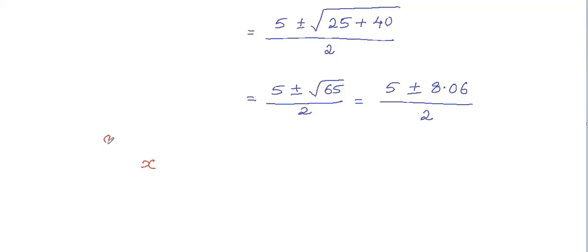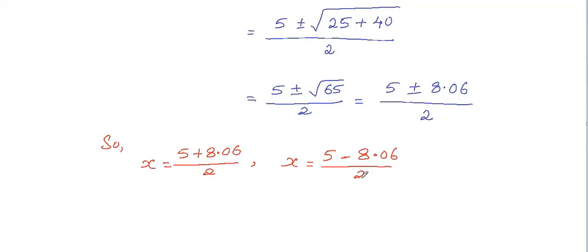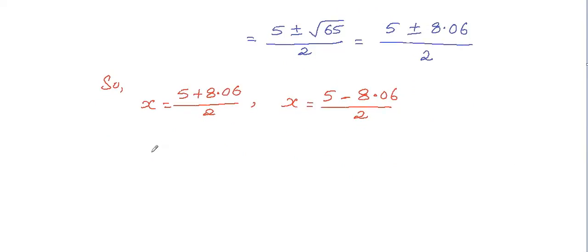So now just split plus or minus. So write down x equals 5 plus 8.06 by 2, and x equals 5 minus 8.06 divided by 2. So if you simplify this, we'll get 13.06 divided by 2, or x equals minus 3.06 by 2.